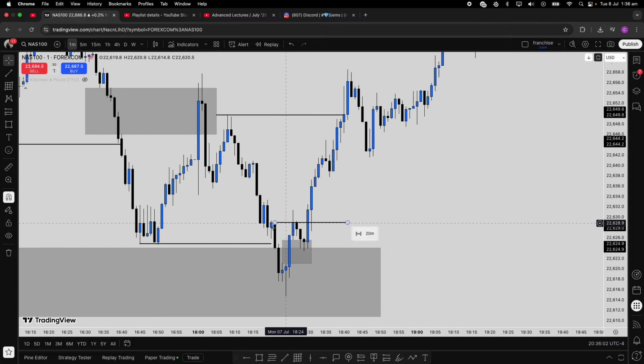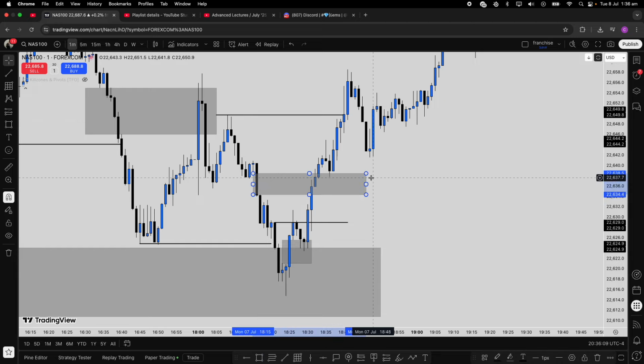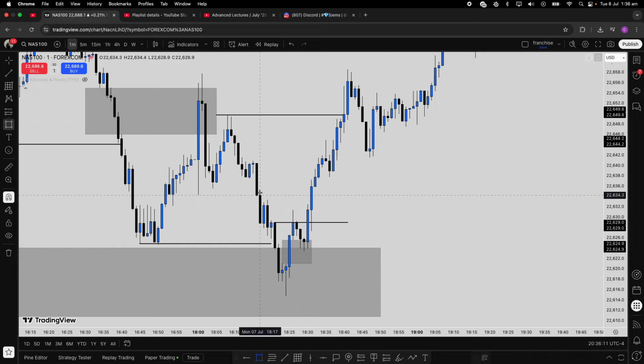Where are we going to go to after taking out this low? Well, we could go to internal gap. We can go to this internal gap. And what do we do after taking out this internal gap?